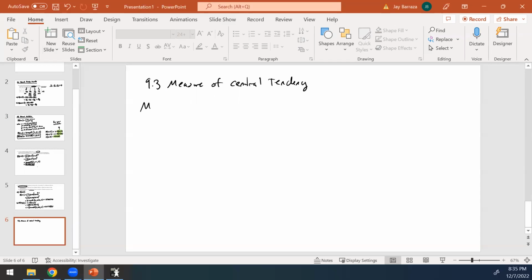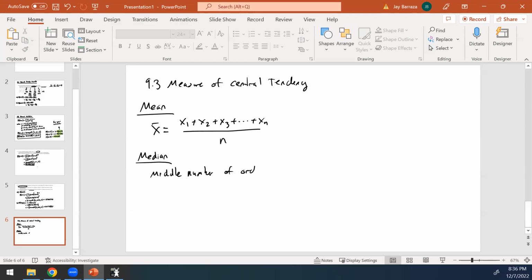So the mean is X bar equals, whatever number of data points you have divided by the total. So X1 plus X2 plus X3 plus ... Xn, divided by n. And then the median is just the middle number of an ordered list.